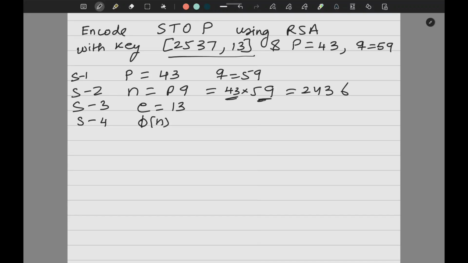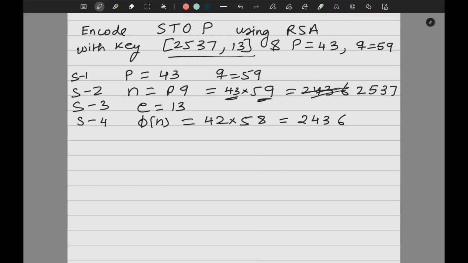Since these two are prime numbers, always in RSA, they start with prime numbers. So phi n is 42 into 58, which is equal to 2436.